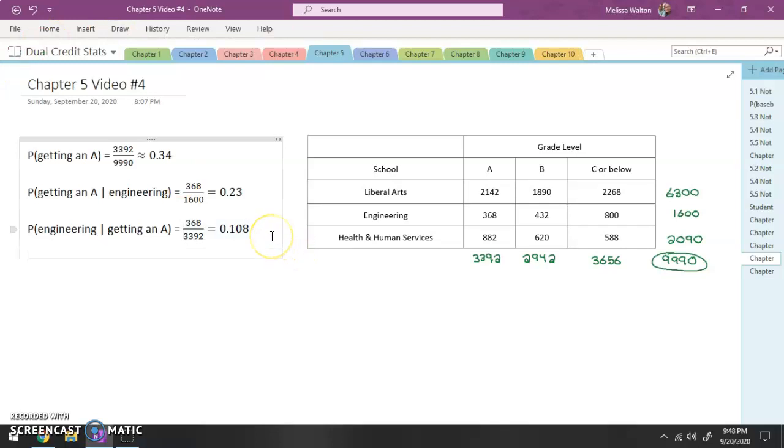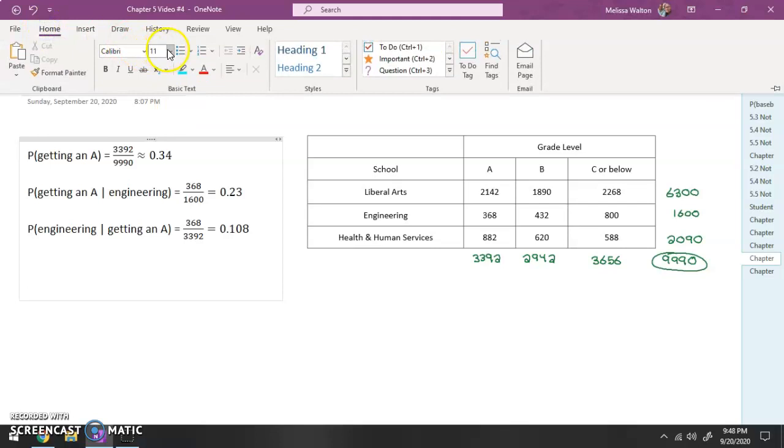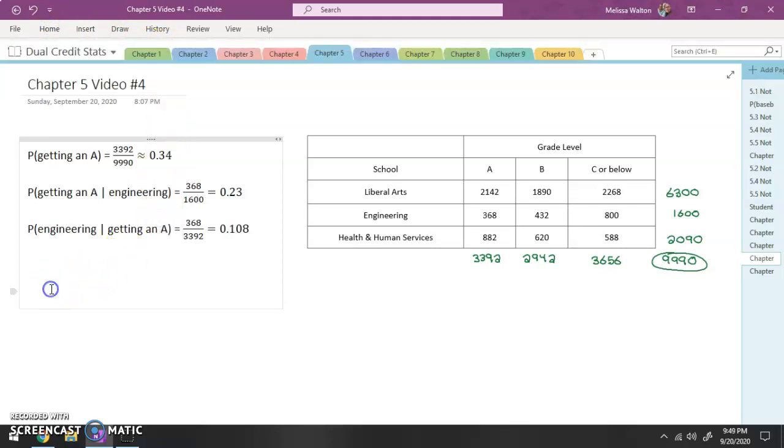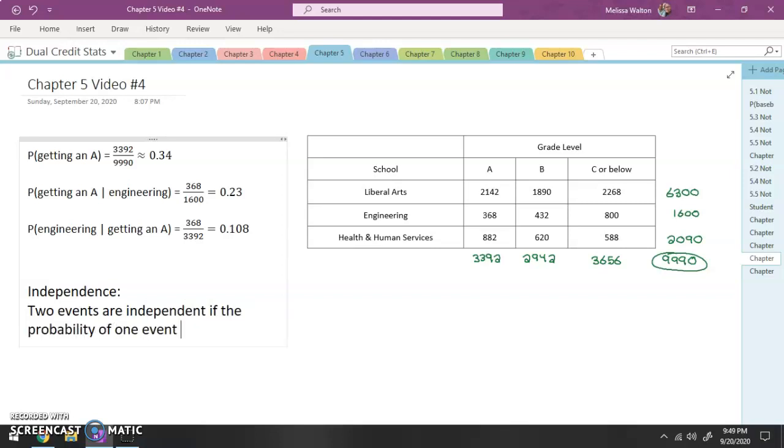Here is one more definition, and we've talked about this throughout the course, but the idea that we have is independence. Two events are independent if the probability of one event is not changed by the occurrence of the other.